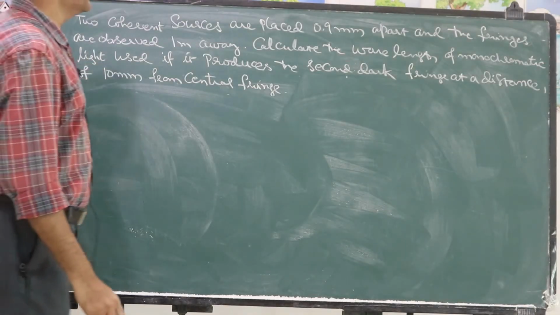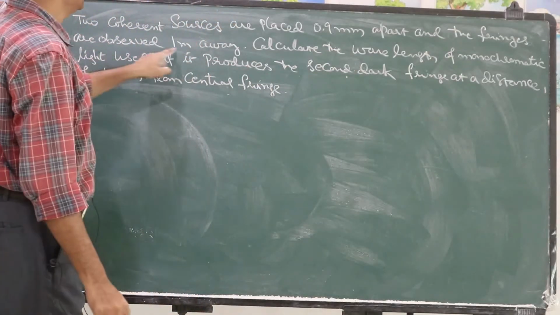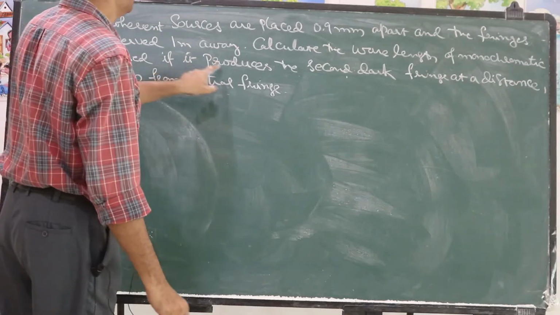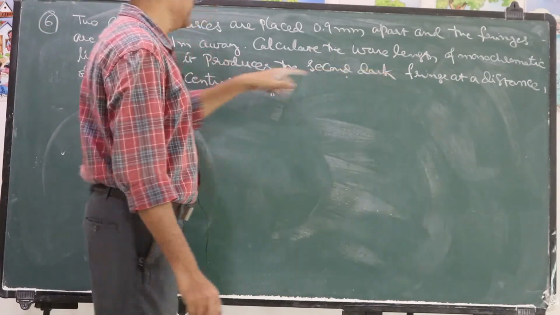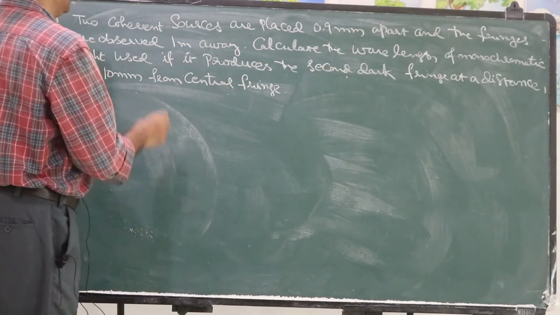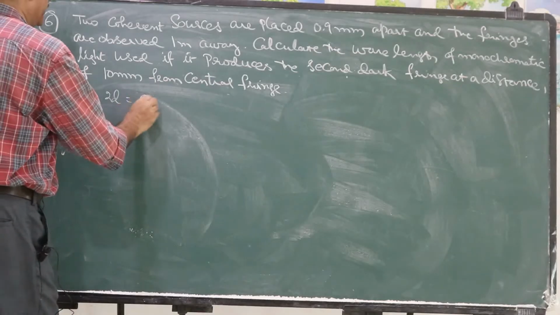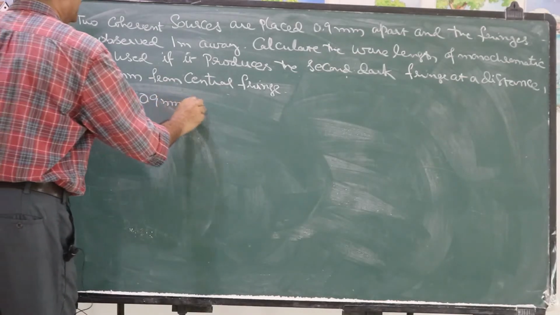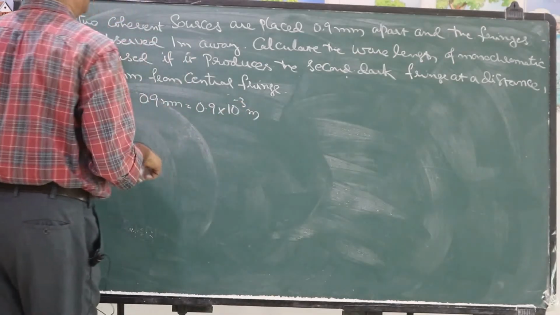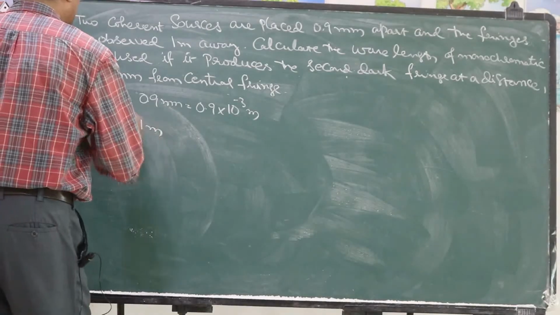Okay, two coherent sources are placed 0.9 millimeter apart and the fringes are observed 1 meter away. Calculate the wavelength of monochromatic light used if it produces the second dark fringe at a distance of 10 millimeter from the central fringe. That means given that 2d is equal to 0.9 millimeter, that is 0.9 into 10 power minus 3 meter, and capital D is 1 meter.